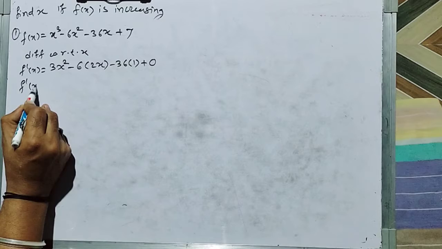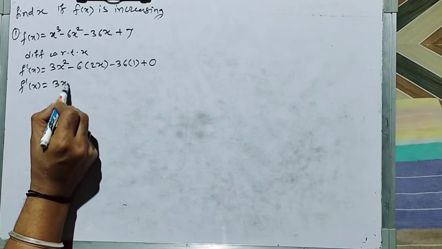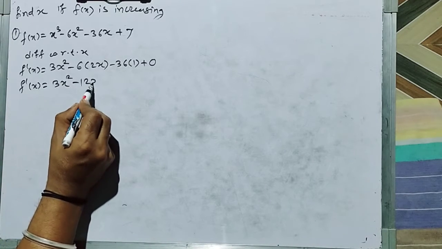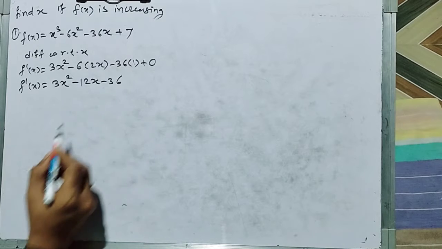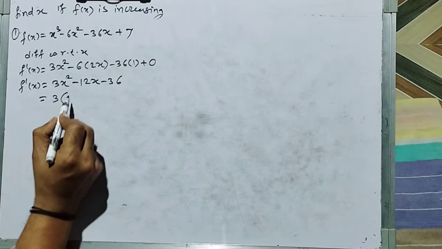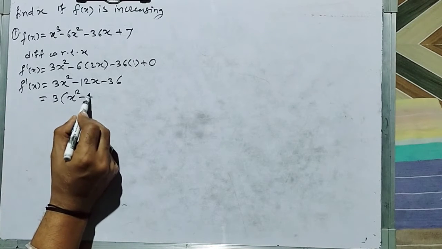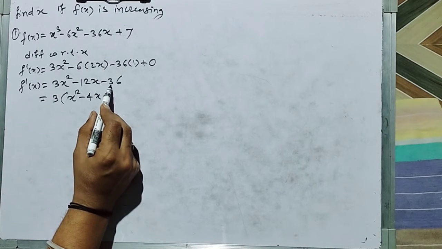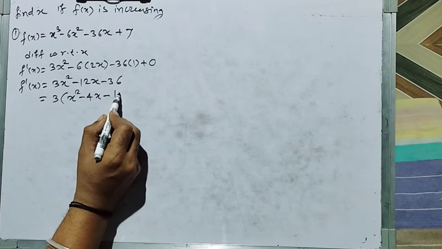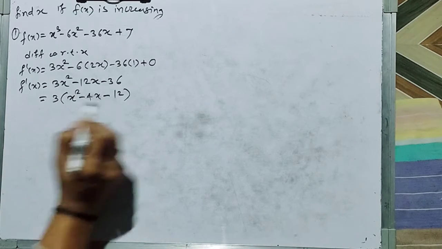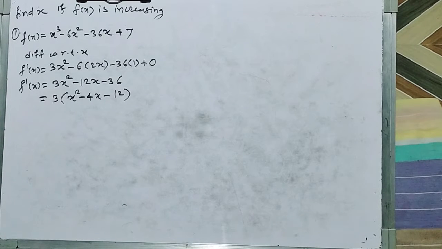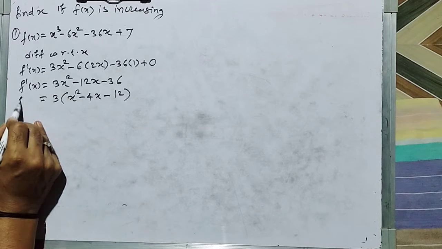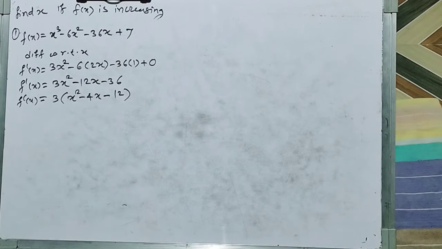So here f'(x) = 3x² - 12x - 36. We take 3 common. It means x² - 4x - 12. So f'(x) is equal to this one.